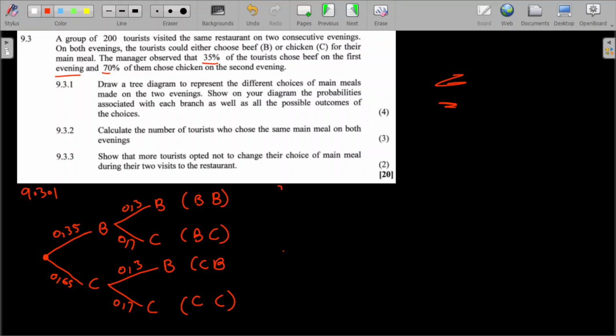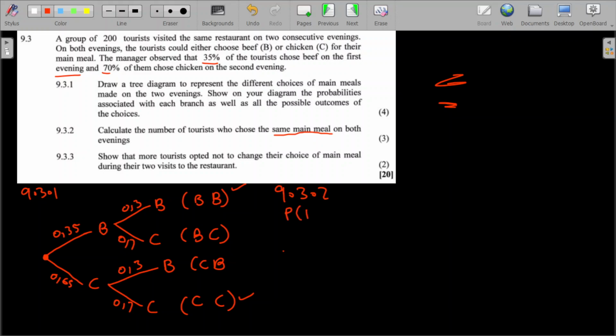Now in 9.3.2, they're saying calculate the number of tourists who choose the same meal on both occasions. Same meal: beef and beef, chicken and chicken. So how do we do that?